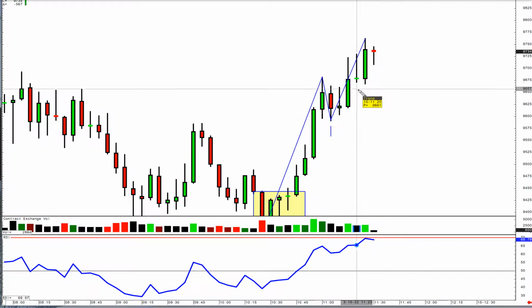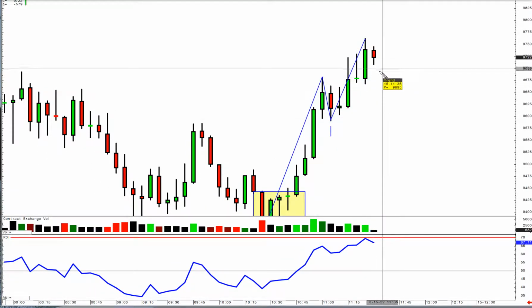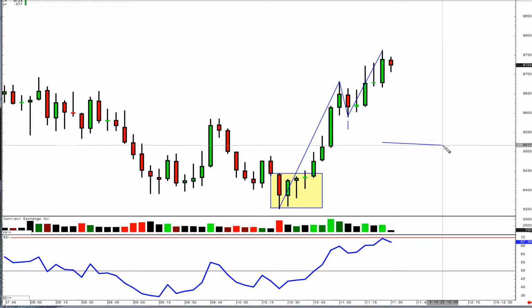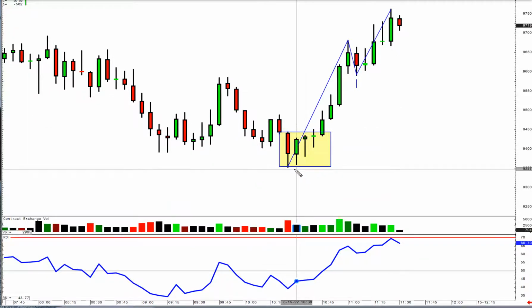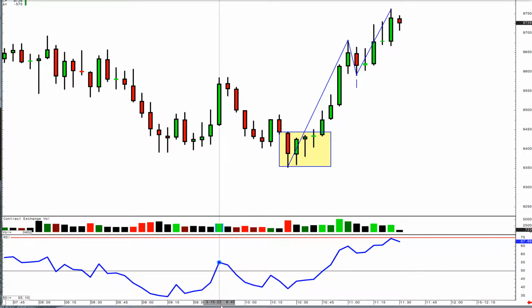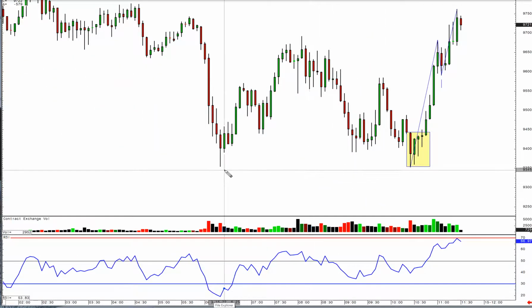Well, you know how it would finish: if we take out the low of a previous bar without it being an outside bar. That's when I think we'll get a more protracted pullback. But until then, we're in rally mode on crude oil, and this is how you could have recognized the potential for the bottom to the penny, really, because all we were looking for was it to take out this 93.54.